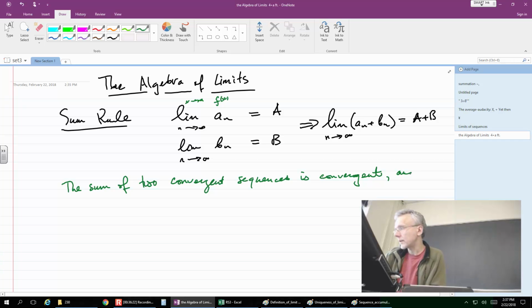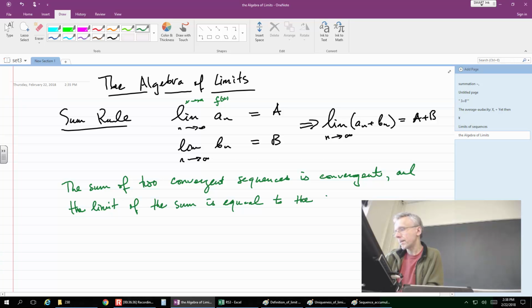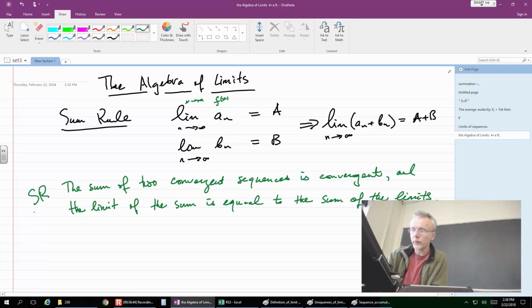And secondly, the limit of the sum is equal to the sum of the limits. Okay, so that is the full version of the sum rule in words rather than in formulas.